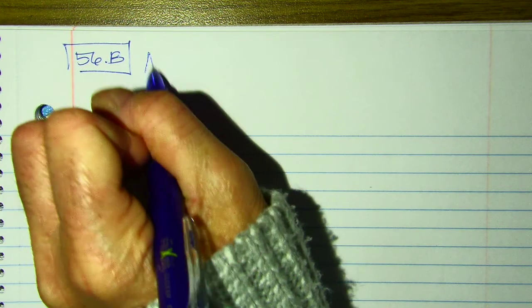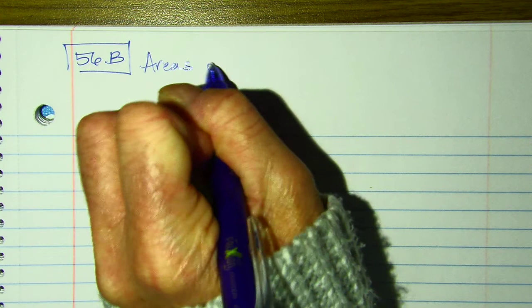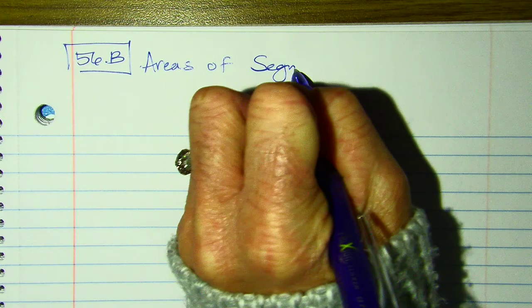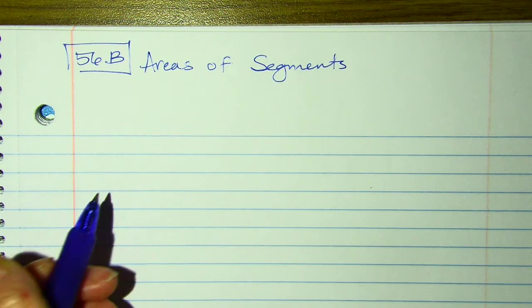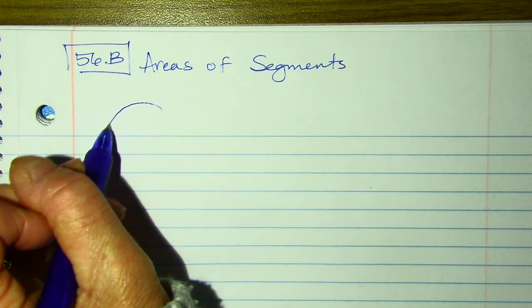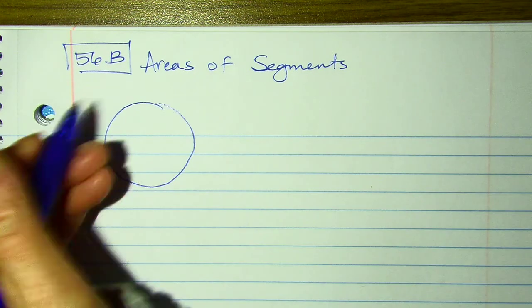All right, so next is 56.B. So we're going to change it up a bit. Now we're going to be finding the area of segments. So I'm going to go over what they mean. Here's a circle.